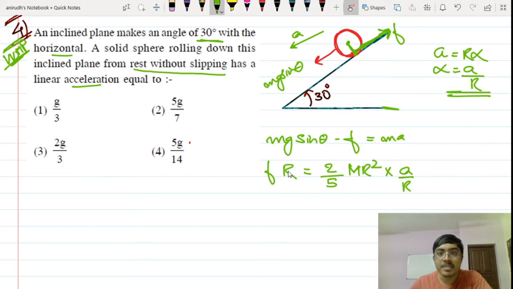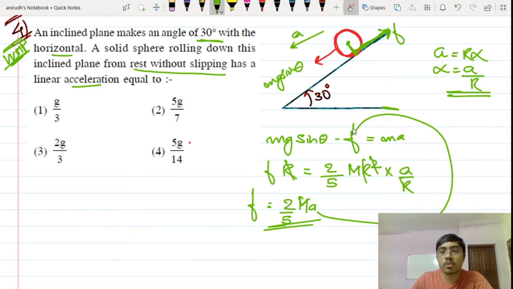So I can simply cancel these things off, and I will get the value of friction, that is 2 by 5 m multiplied by a. I am going to plug in this value into this equation. So that will be mg sine theta, sine 30 is 1 by 2, so mg divided by 2 is equal to ma plus 2 by 5 ma.